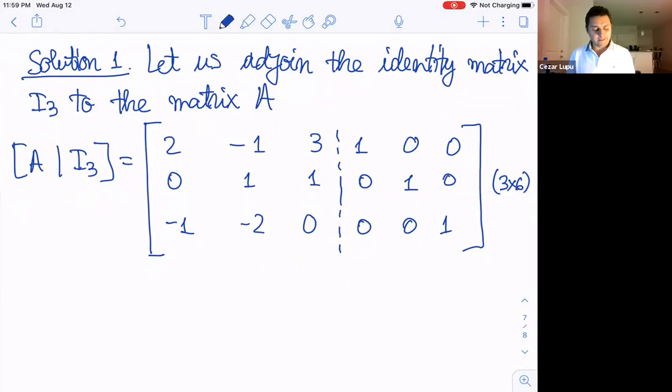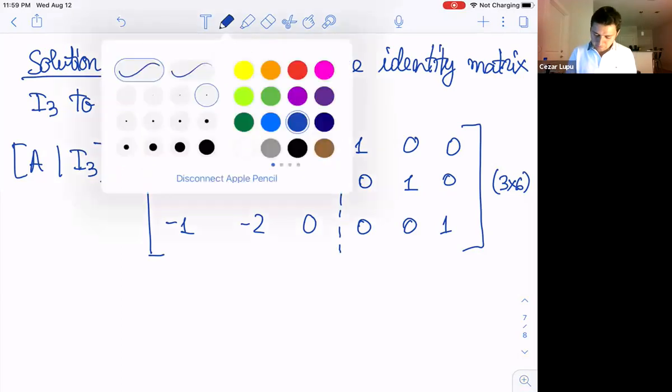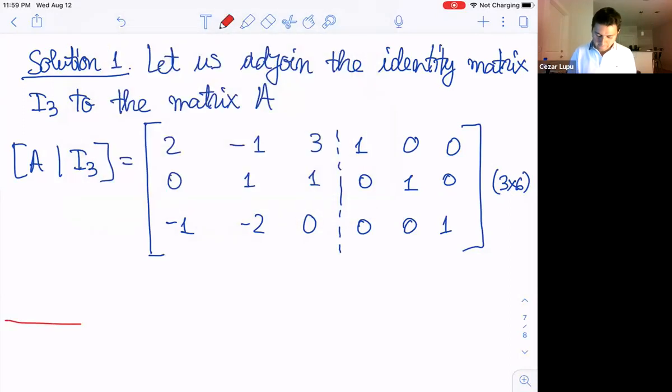So maybe I should add... Okay. In fact, I'll do the following. Let's add R1 plus R3, and this will be my new R1.